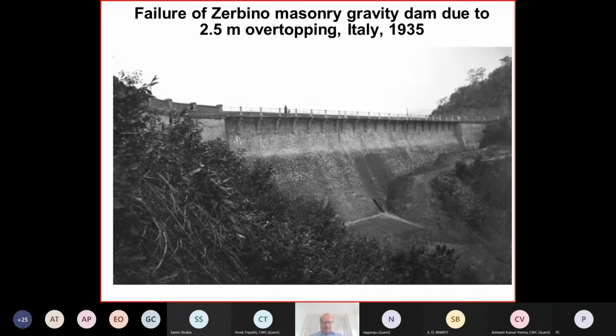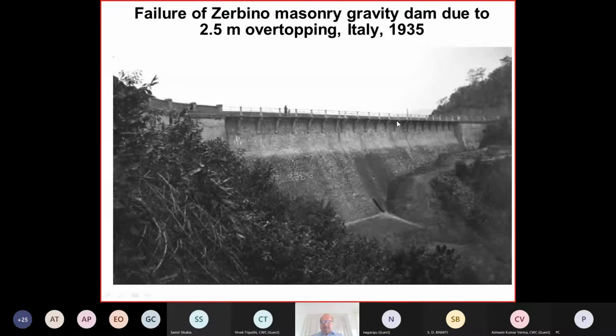We go to visit some sites of dams which have failed in Italy, because there are more of them than elsewhere, or the remnants of a failure can still be seen in Italy, whereas in other places they would be removed. Okay, anyway, this is a dam, Cervino Masonry Gravity Dam, we see here.